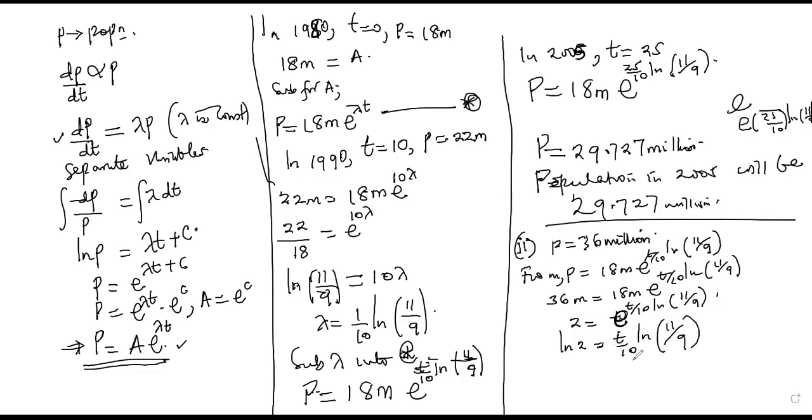Then now you can cross multiply. When you cross multiply, you have 10 ln 2 = T ln 11/9. So you can get your T as 10 ln 2 over ln 11/9.